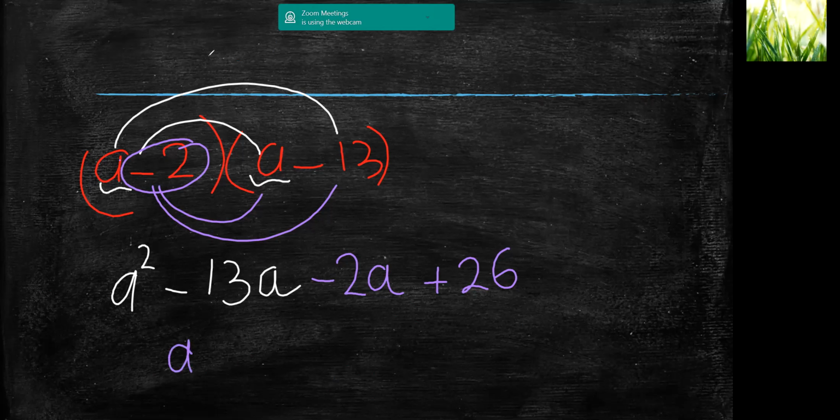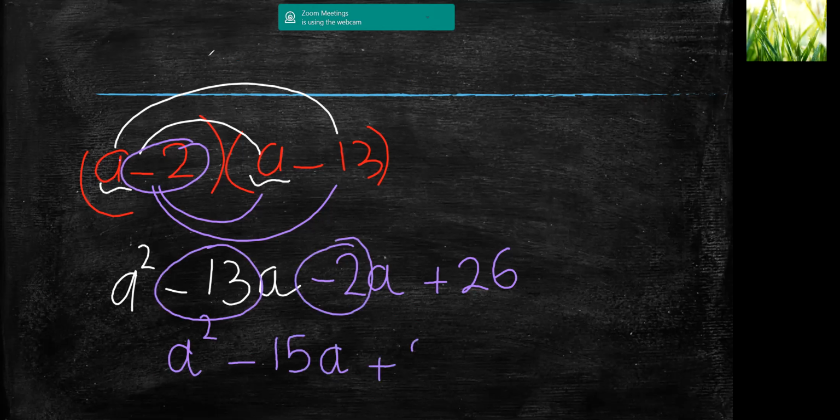It will be a squared minus 15a plus 26. Got it? But teacher, do we have to factorize it, or is the question only multiplying? These are the factors, in the red. Here we come back, we multiplied them.